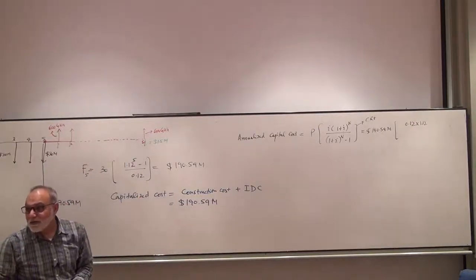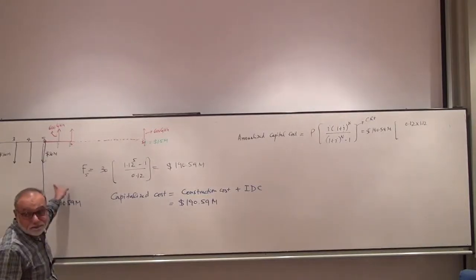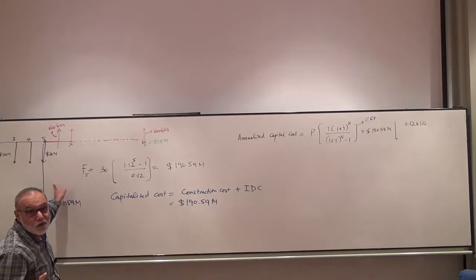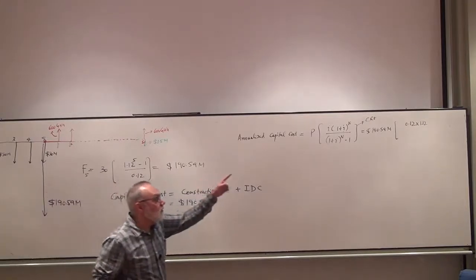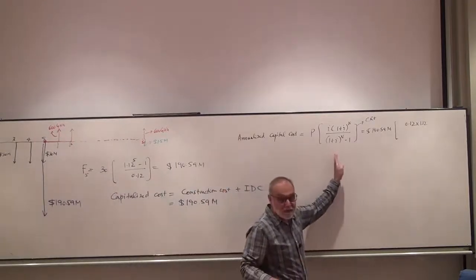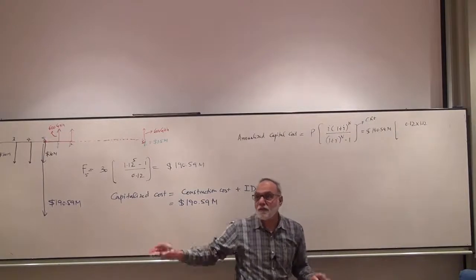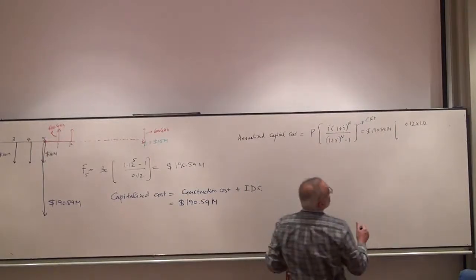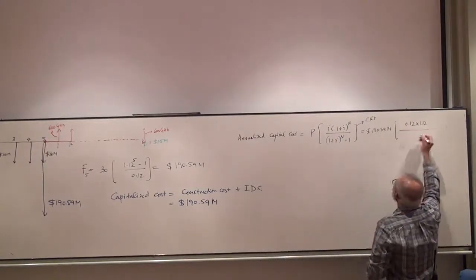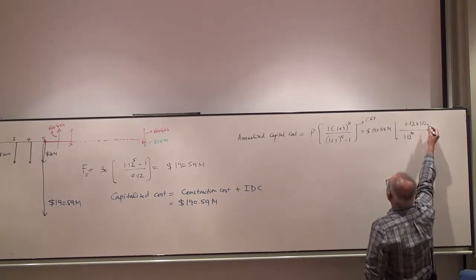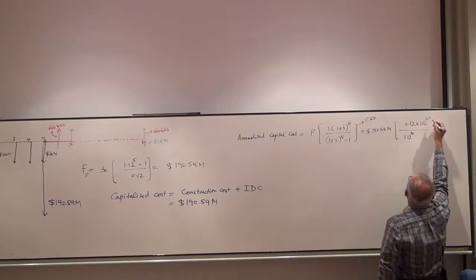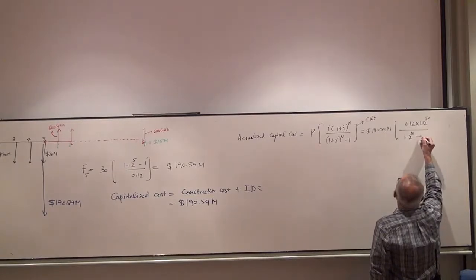Remember, we don't spread it by dividing by 50, because of the time value of money. We use this formula, the capital recovery factor, and then we annualize that. So we have this over 1.12 raised to power 50, here also 1.12 raised to power 50, minus 1.